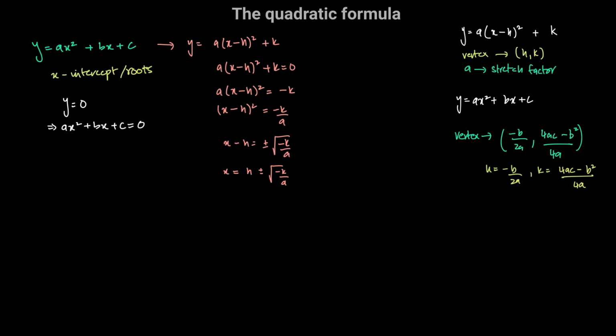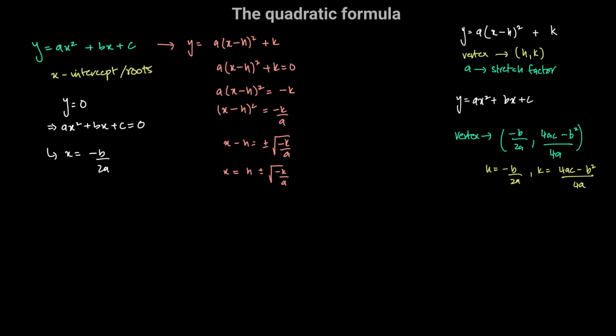So if we do that, if we're solving the equation ax squared plus bx plus c, we can say that the values of the x-intercepts are equal to h plus or minus the square root of negative k over a, and h, the x-coordinate of the vertex, can be written as negative b divided by 2a, plus or minus the square root of negative k over a.